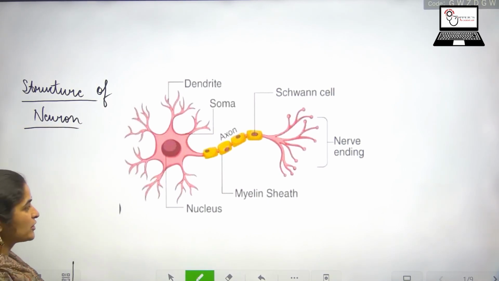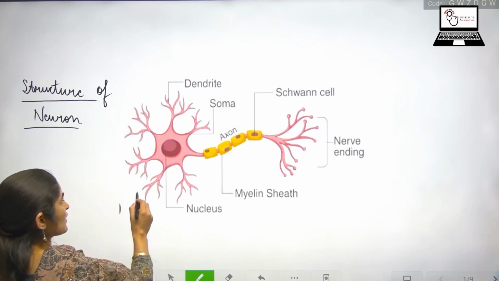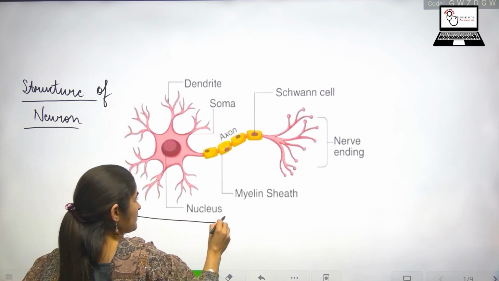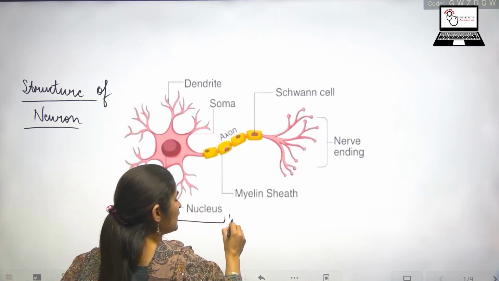The neuron has different parts. See, this is the cell body and this is the elongated fiber.